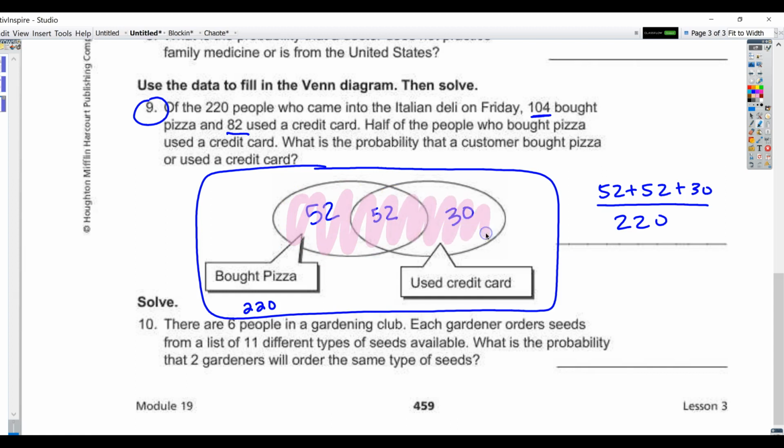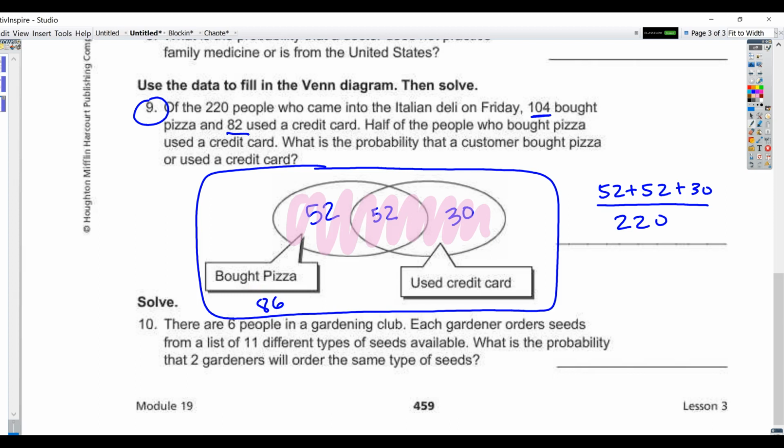This is not right down there. How many total do I have down here? 220 minus 134, since it's 52 plus 52 plus 30. So that's going to leave me with 86. Is that what y'all got?